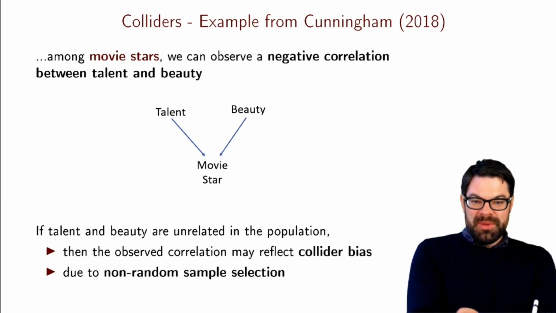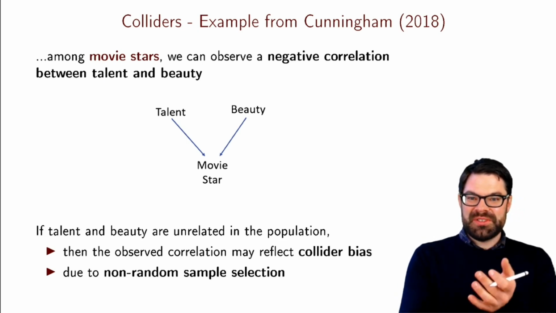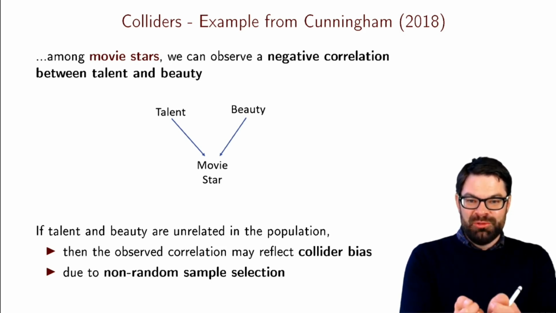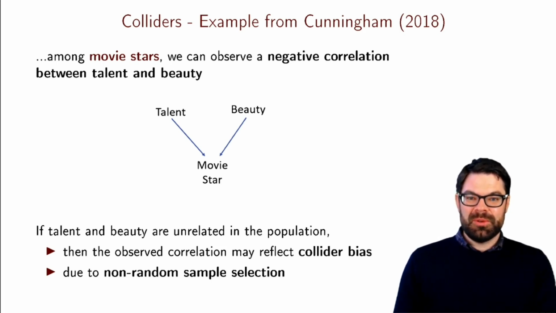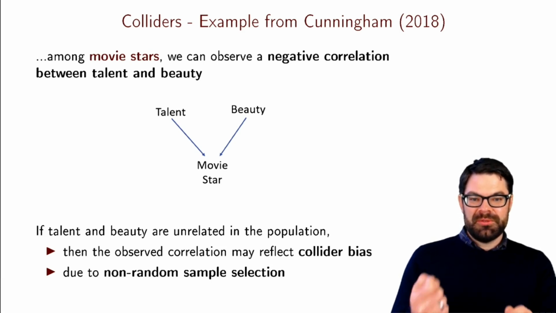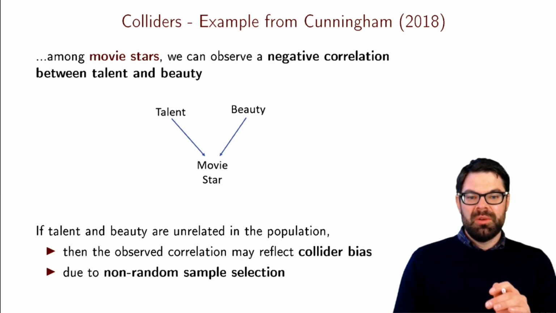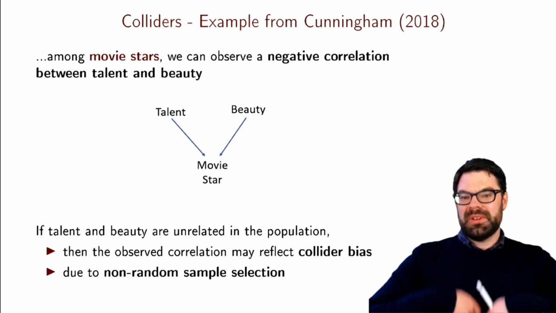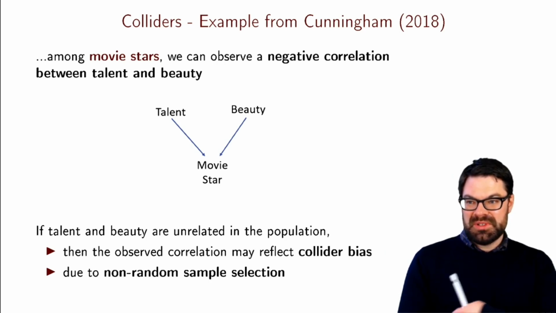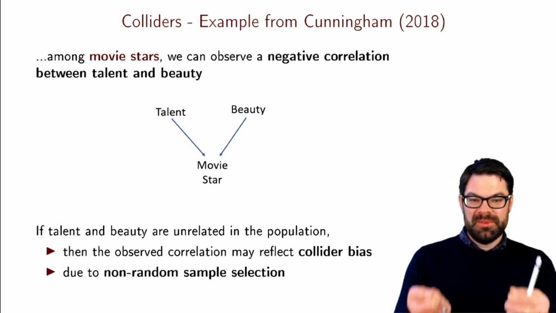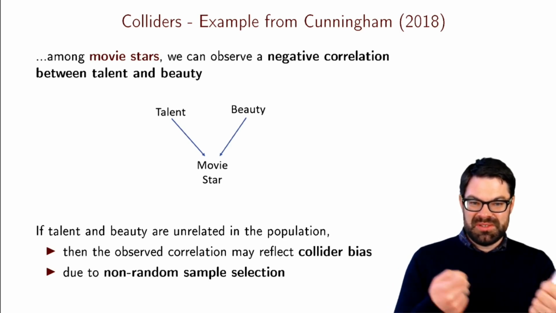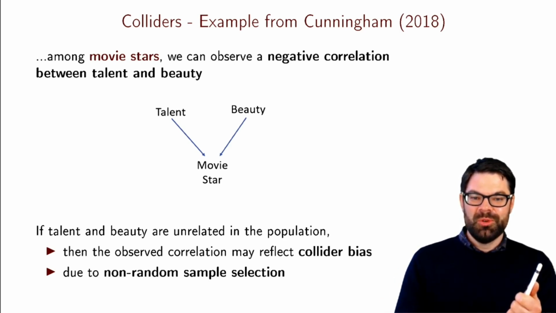And so now if I pick the sample of movie stars, I will then see that in that group, I have that negative correlation. And is that a reflection of a true relationship, or is it simply part of the selection process into that profession? And as we see, even among movie stars that negative relationship would not be in any way true.